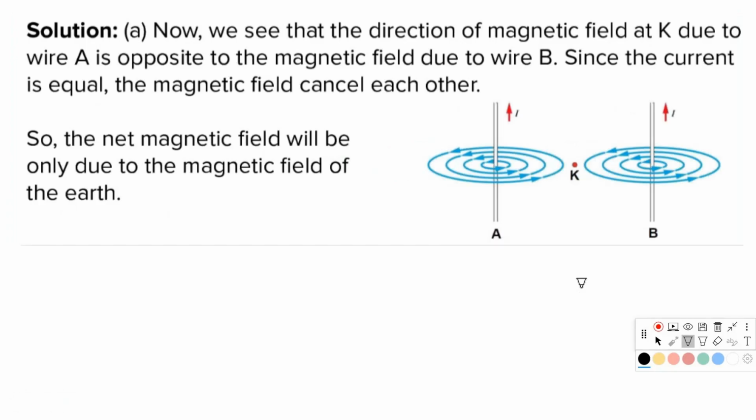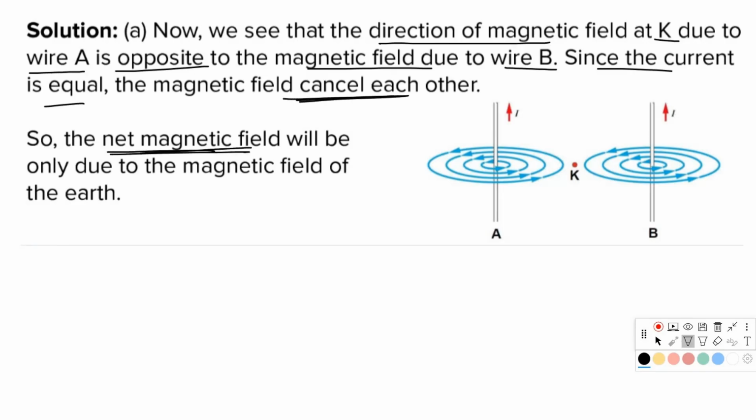So the first question, you see, direction of magnetic field at K due to wire A is opposite to the magnetic field due to wire B. Since current is equal, magnetic fields cancel each other. Net magnetic field will be only due to the magnetic field of the earth. So that is the first question, but I have drawn such a beautiful diagram.